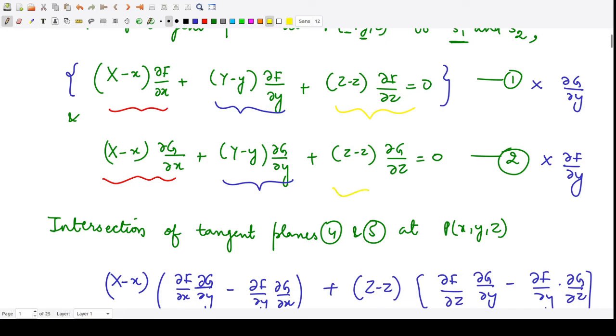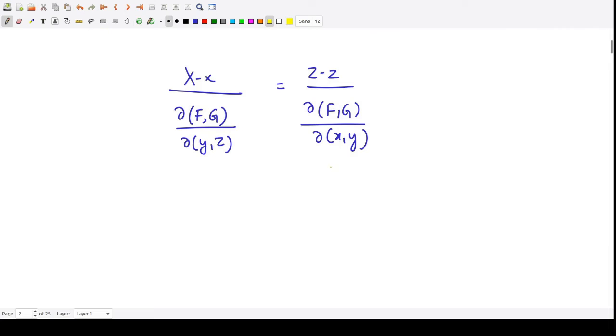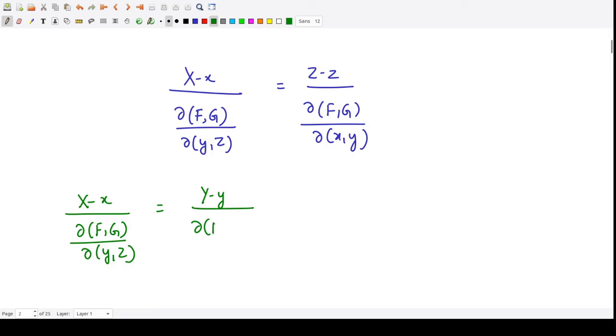So all in all, when you do all these calculations, you will have the final equation here as (x - x₀) divided by the Jacobian of f comma g divided by del of yz, that is equal to (y - y₀) divided by the Jacobian of the surfaces f and g with respect to x and z, and here this would be (z - z₀) divided by the Jacobian of the surfaces f and g with respect to x and y.